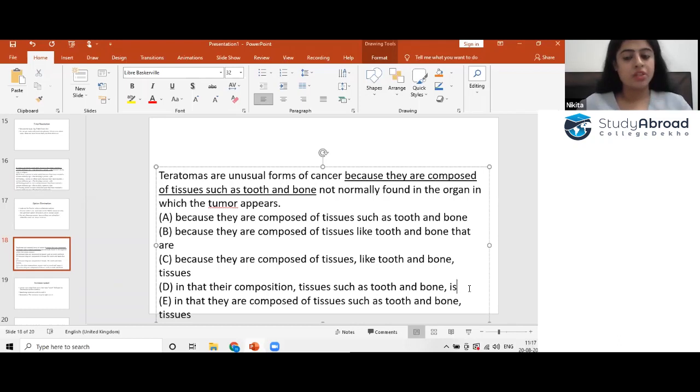Let me conclude something over here. We started the question by making out the difference in the starting of the options, seeing that three of the options were starting with because, and the rest of the two options were starting with in that. But you see that it was not necessary for us to make out the difference with that very logic.